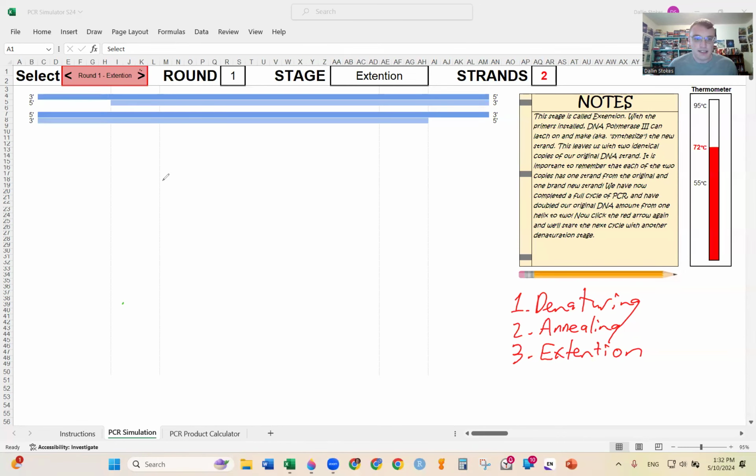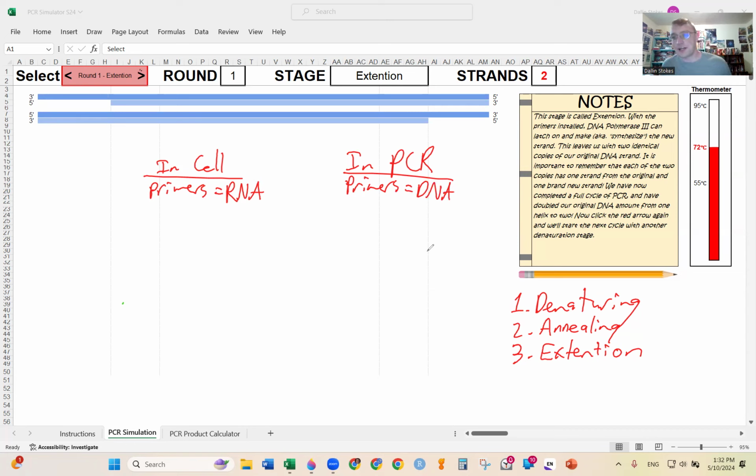So in the cell, the primers are made of RNA. In PCR, our primers are made of DNA. We could use RNA primers.